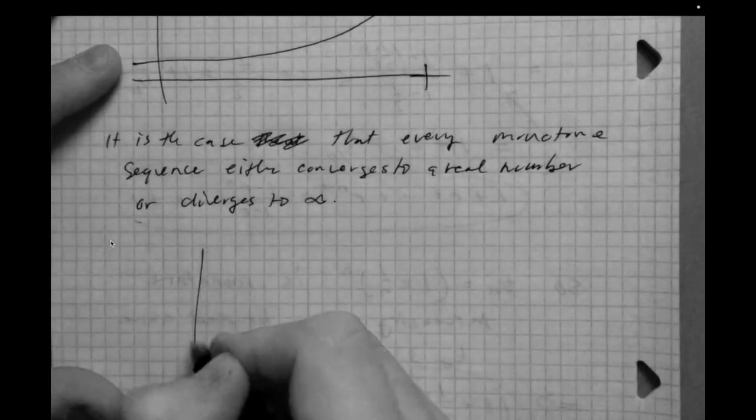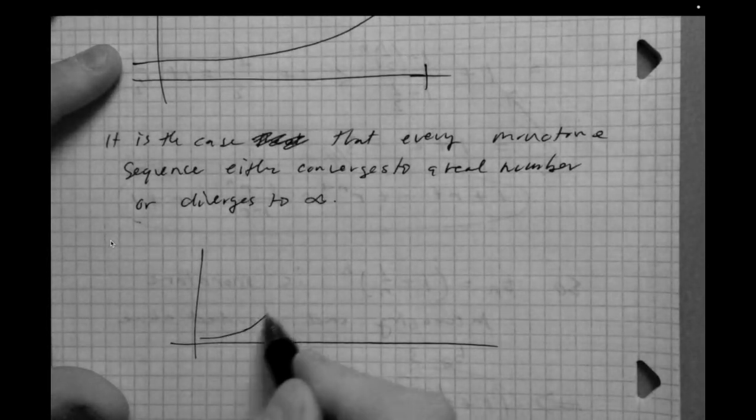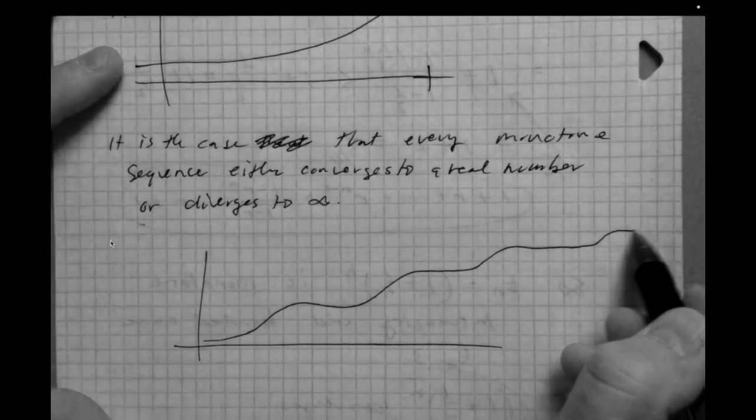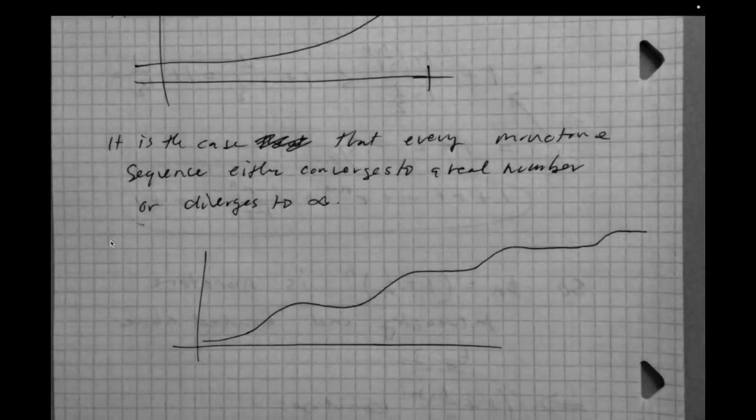Right? If you've got a sequence that can only level off or increase, then it must either converge, if it's bounded, or if it's not bounded, it must diverge.